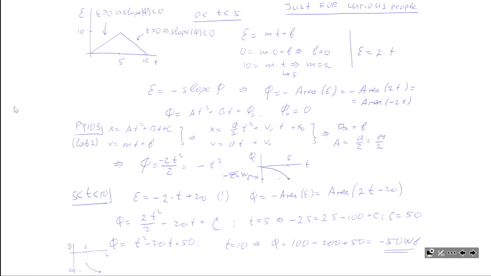It says just for curious people, so anybody else can just ignore it. I was just using the lab 2 from PY105 to actually derive an equations, which we don't have to, but we could, to get the same number again.